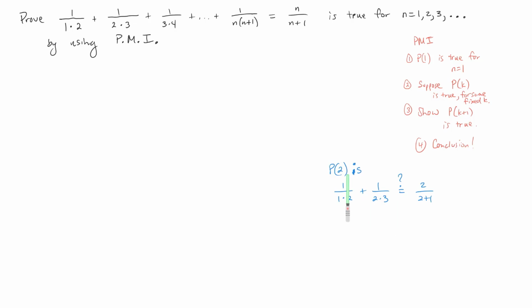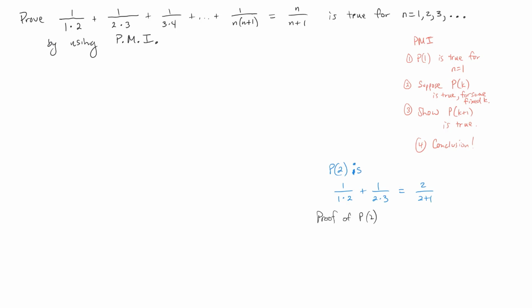Why don't we do a proof of P of 2 really quick? This is not part of the original problem, but it'll help you understand what we mean by a proposition for that many n values, for an infinite number of n values. All right, let's try this. Let's do proof of P of 2. And the way we're going to do this is we're going to prove an identity.